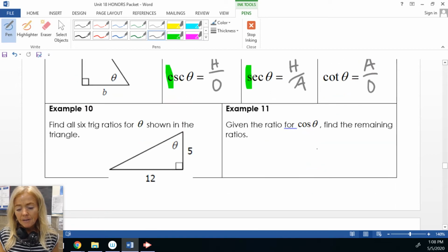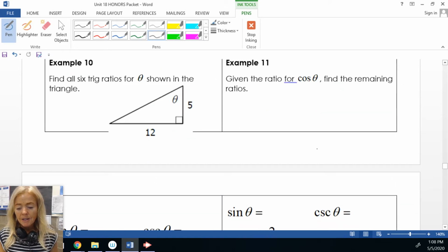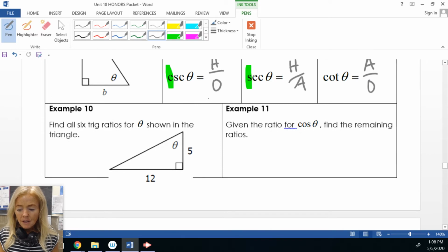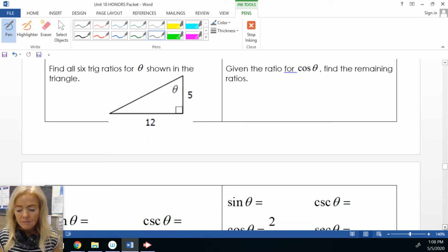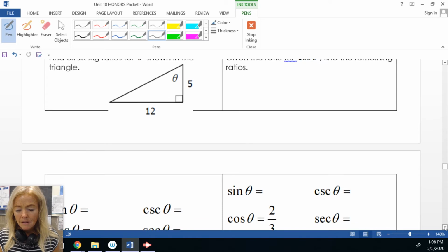All right, find all 6 trig ratios for theta shown in the triangle. This is just going to, I can't really change it. Let me write this, see if I can get it all on the same slide.